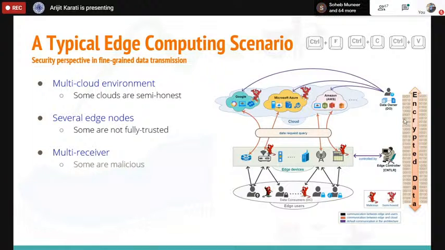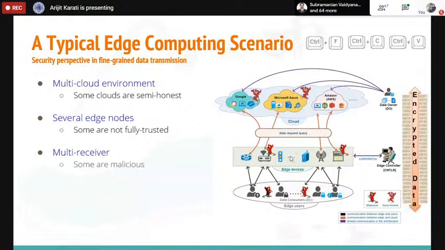So when a receiver is downloading some file from the cloud with the help of edge devices, what are the edge devices doing?